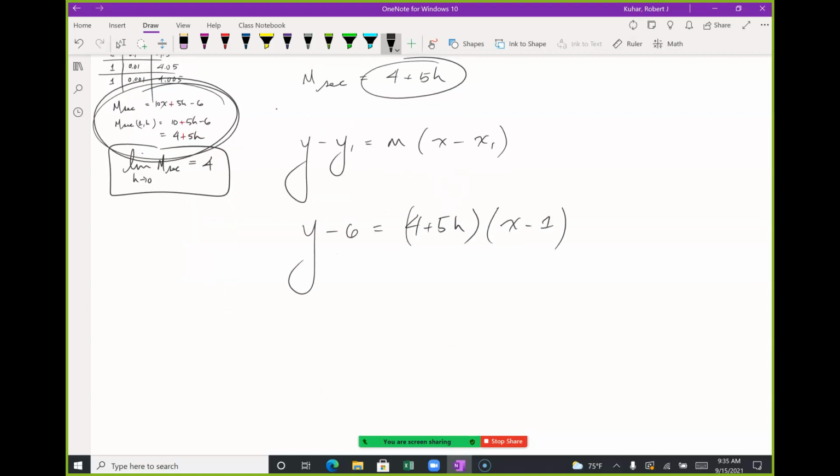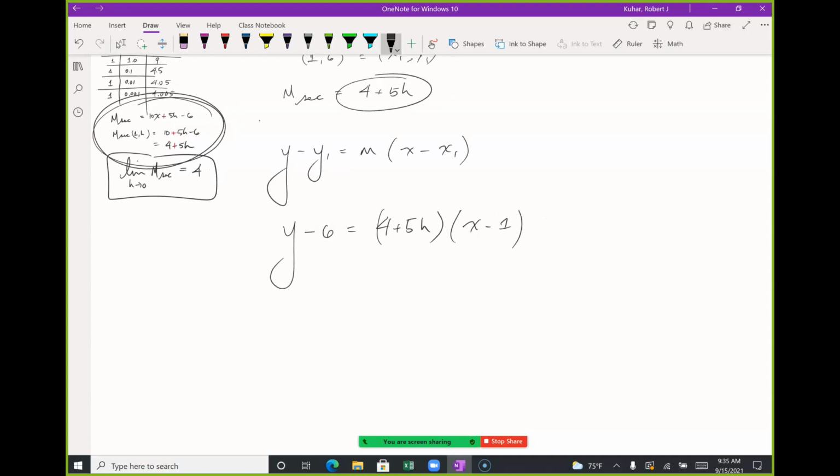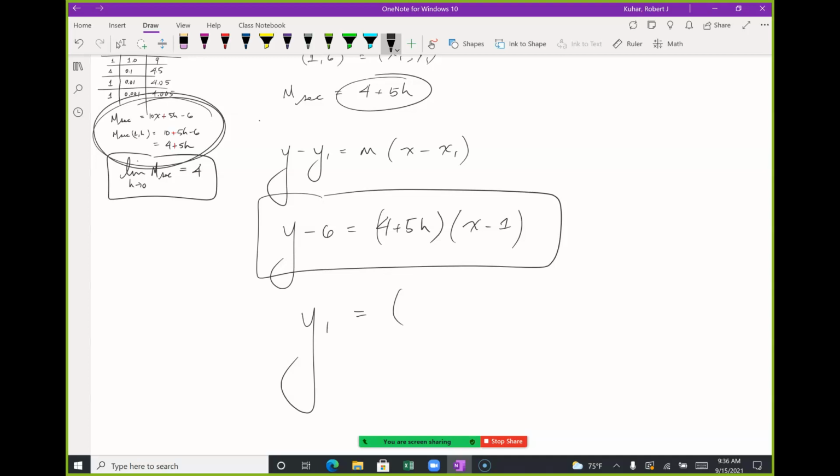And there's not really much I can do here, so I'm okay with you leaving it like this. So this is the equation of the secant line. Now, on your calculator, you're going to have to move that 6 over, right? Because you're going to go into your y1, into the first function, and then type in the whole thing.